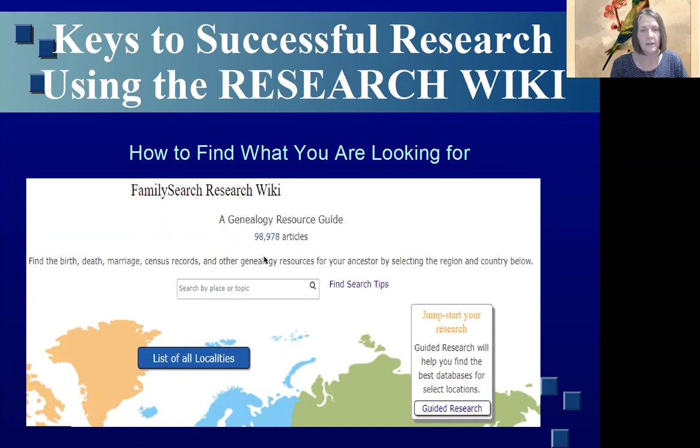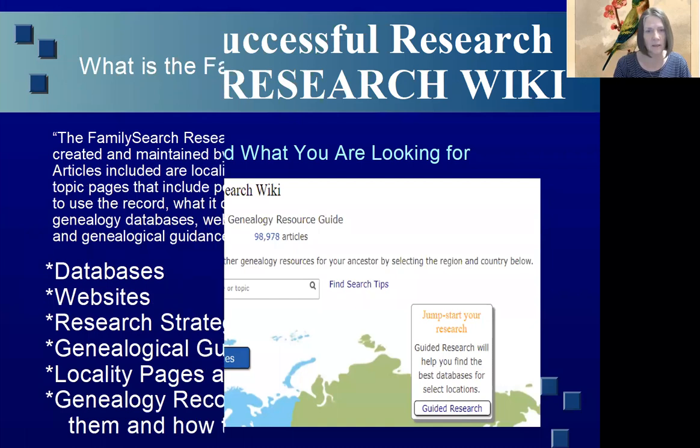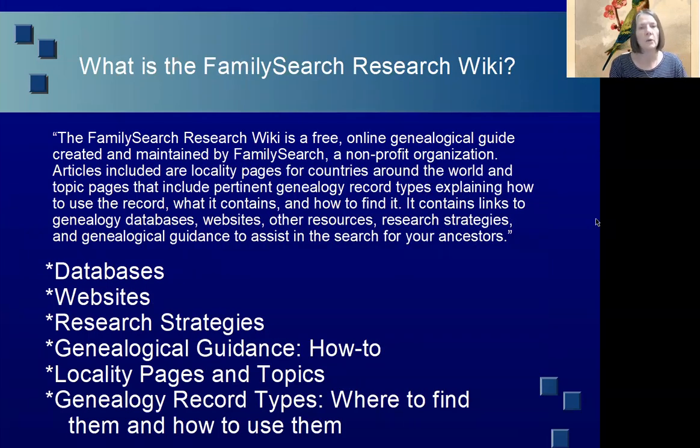So this is how the Research Wiki looks when you open the page. The Research Wiki is, of course, free because it's through FamilySearch, and everything on FamilySearch is always free.